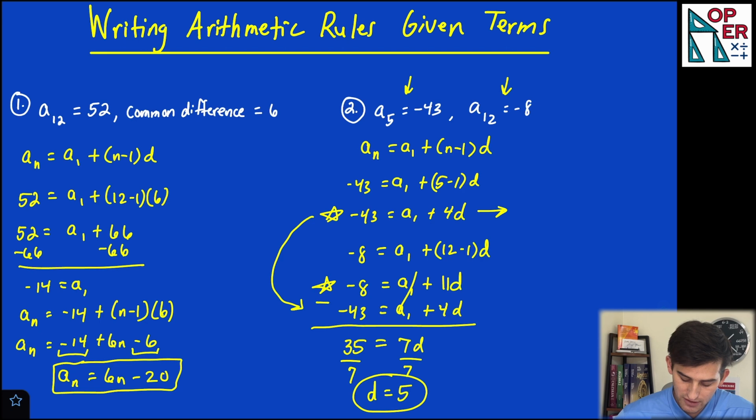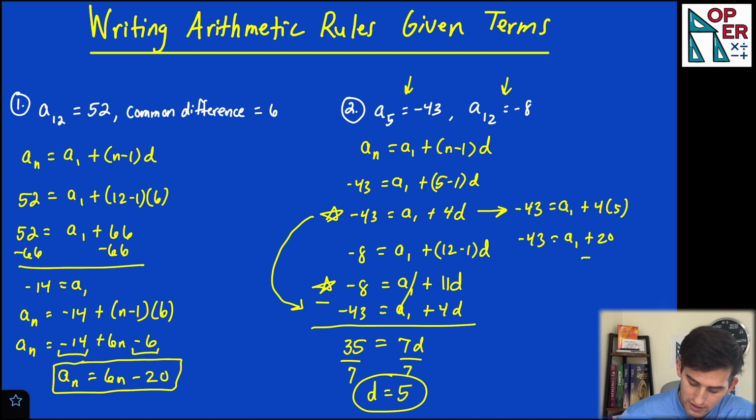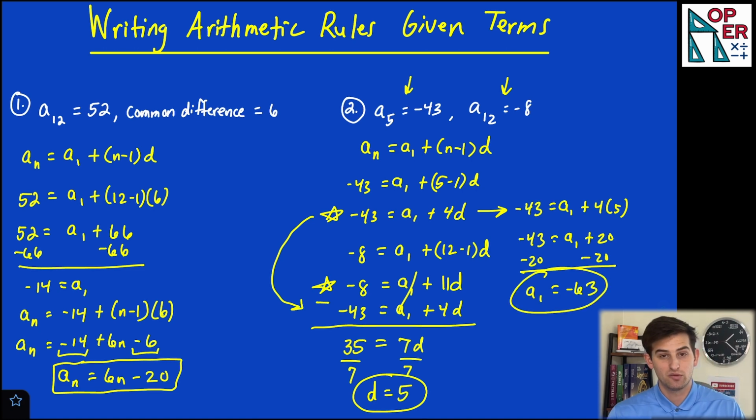Now we can plug that into either of the two equations. Let's plug it into the first equation we put a star by, so we can figure out our first term. Negative 43 equals a sub 1 plus 4 times 5, so negative 43 equals a sub 1 plus 20. Subtracting 20, we get a sub 1 equals negative 63. That's an important piece of information.